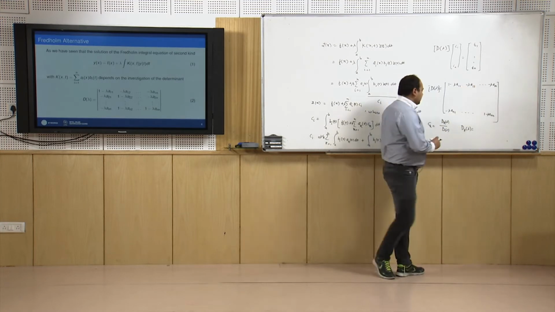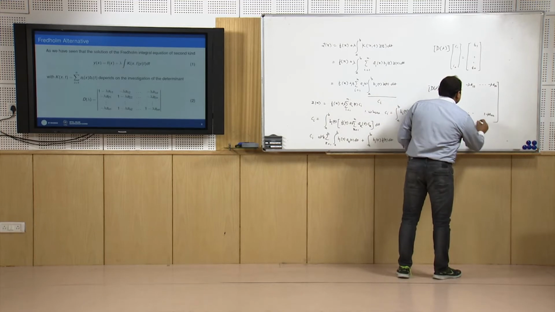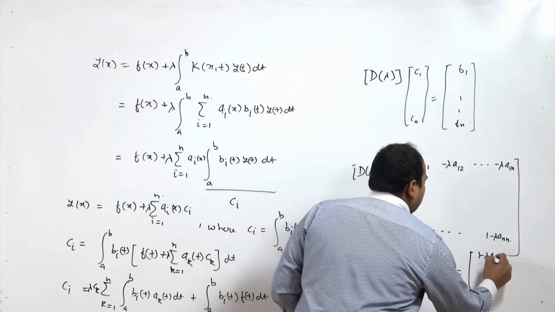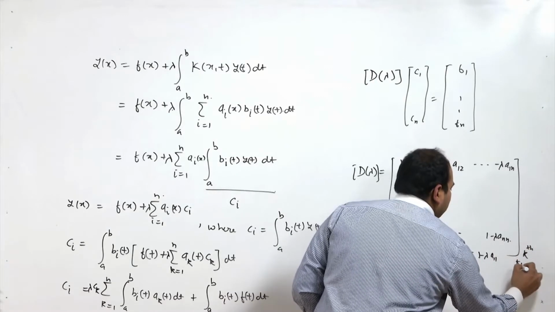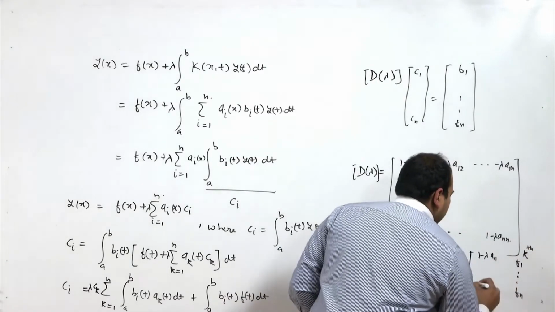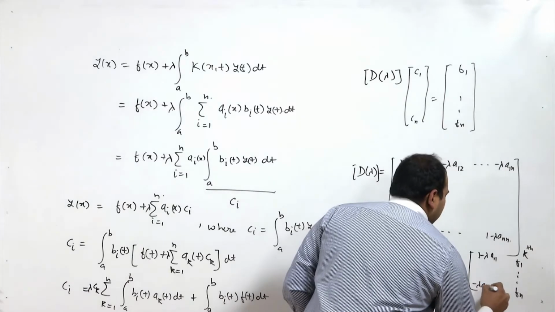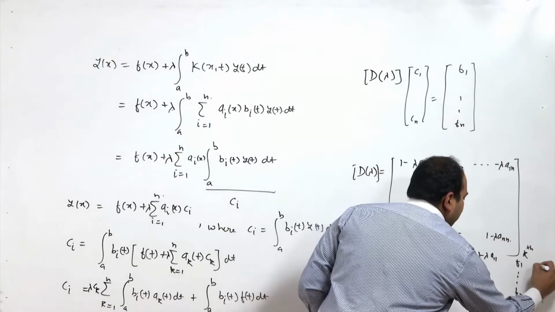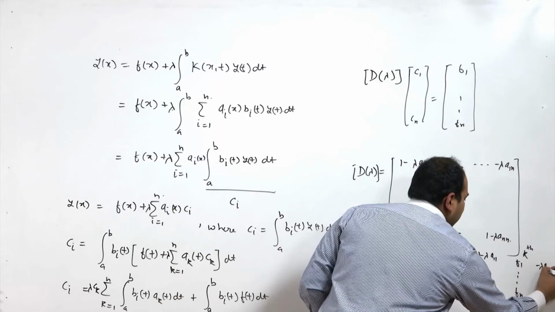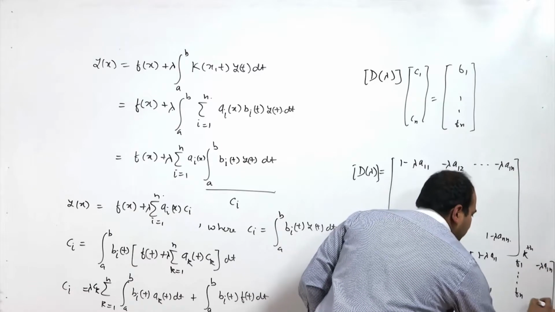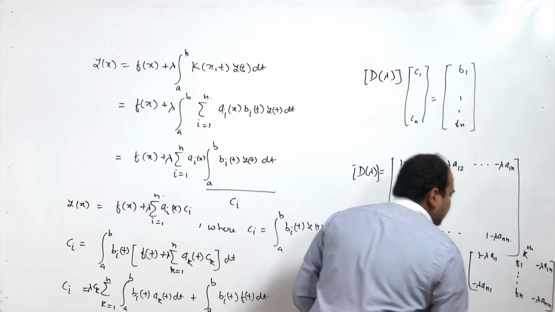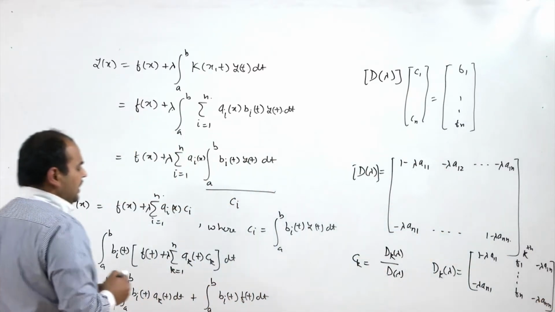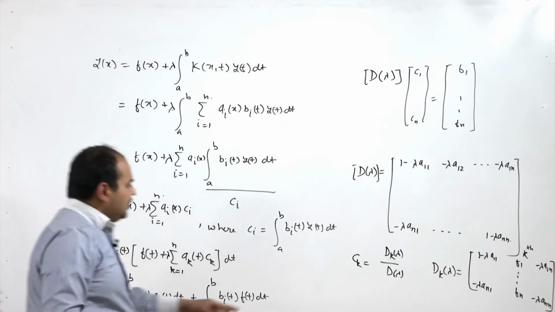So I am writing Dk(lambda) as 1 minus lambda a11, and at the kth position f1 to fn, and this is minus lambda an1, and here we have 1 minus lambda ann. So to find out this Dk(lambda) we can get our Ck.